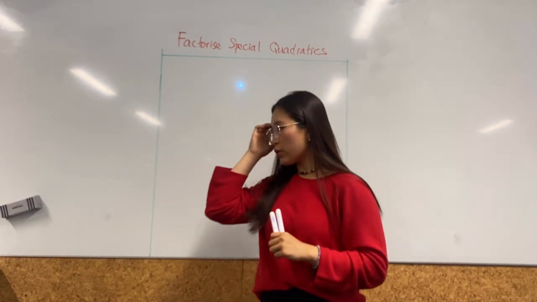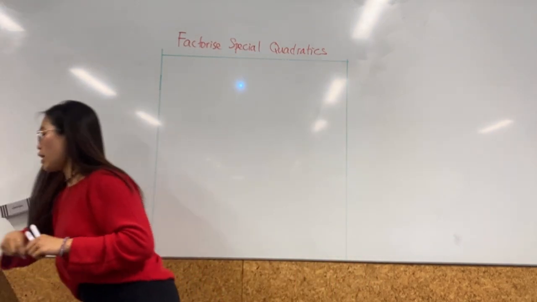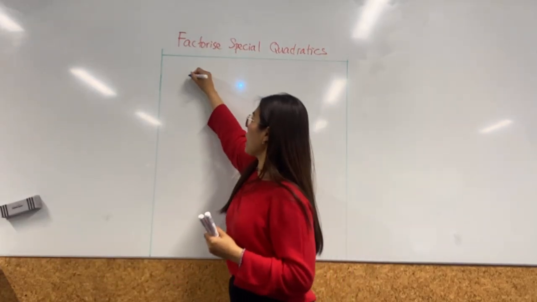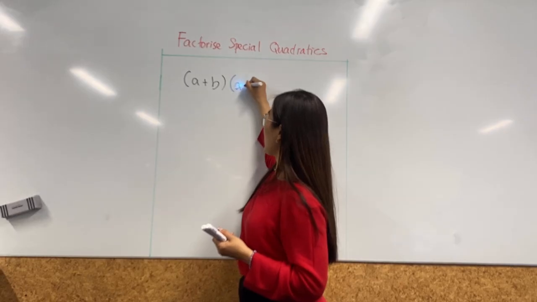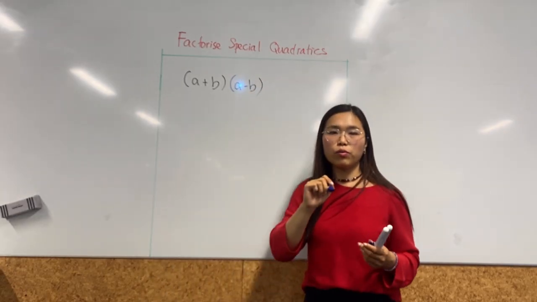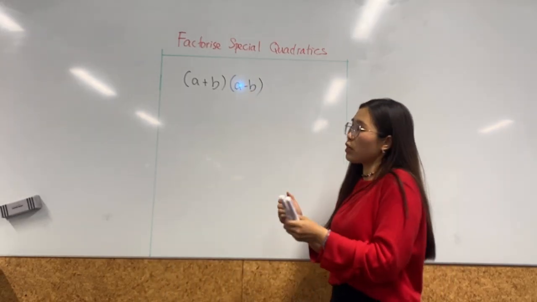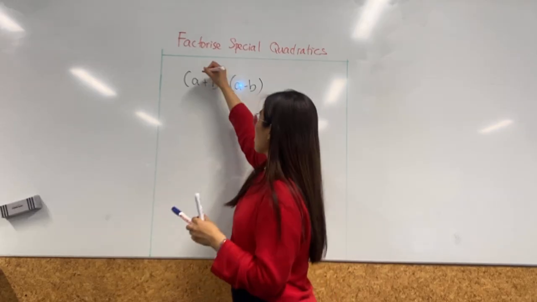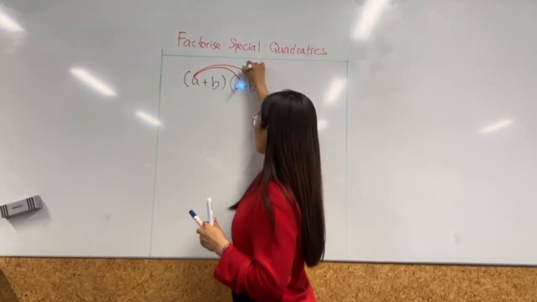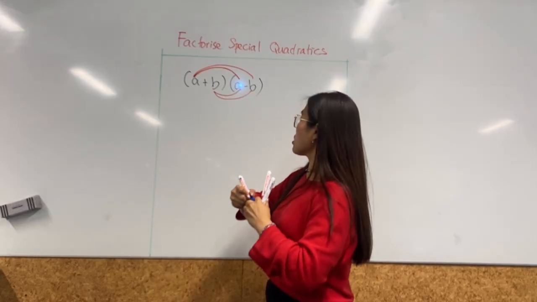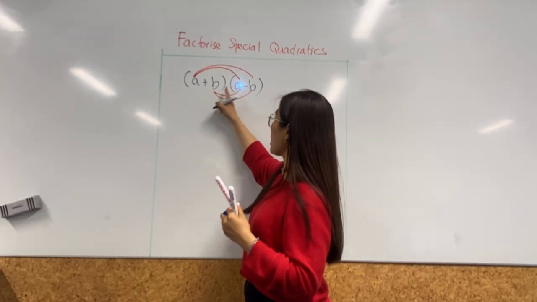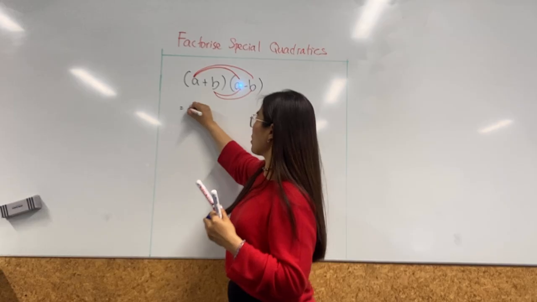So we're going to have a look at, if I have a plus b multiplied by a minus b, okay, what does that give me? We know really well how to do expanding. So a times a, draw lines. A times a gives you a squared.